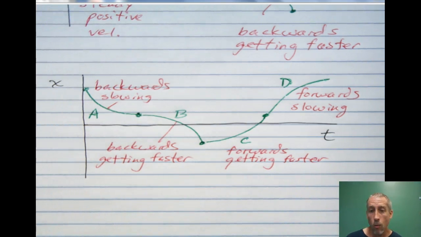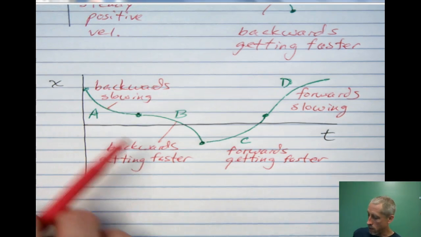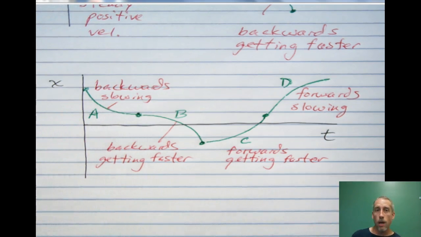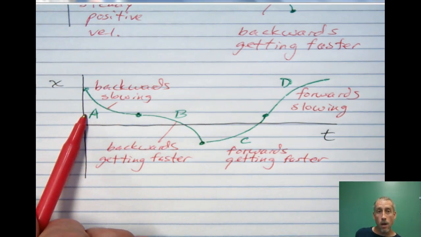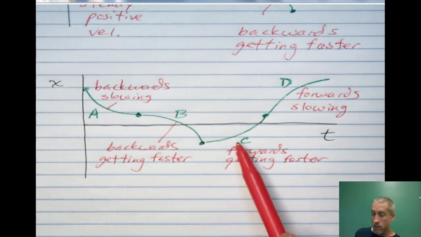All right, I want to throw out one more term here that you're going to hear, and that is the word concavity. You'll hear this in calculus class. This will come up later when we start putting equations with this. So we describe anything with an upward kind of opening, like a bowl, for example, as being concave up. So if you look at these segments, segment A is concave up, and segment C is concave up.